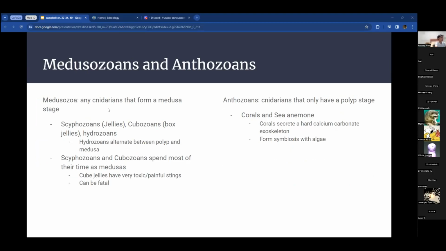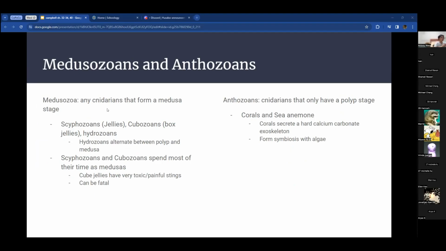Medusozoans and anthozoans. So medusozoa, these are both still cnidarians. Medusozoa are just any cnidarians that can form a medusa. Scyphozoans, cubozoans, hydrozoans. Scyphozoans and cubozoans spend most of their time as medusas. Hydrozoans alternate between the two.